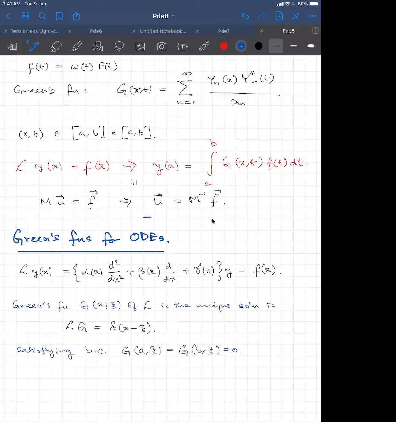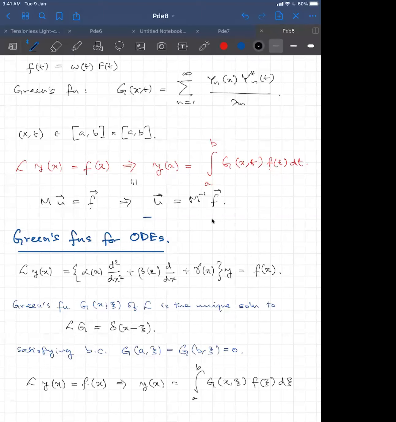You can immediately solve, for example, L of y of x equal to f of x by saying y of x is equal to the integral from a to b of g of x, xi, f of xi, d xi.